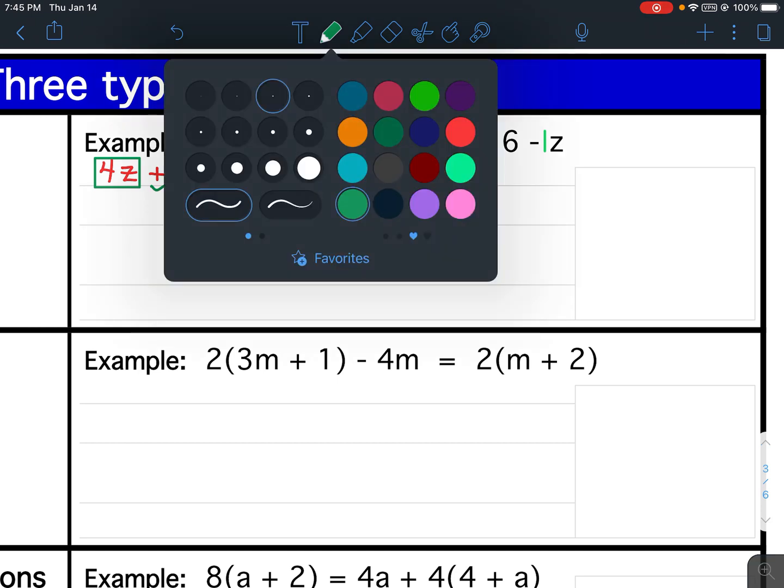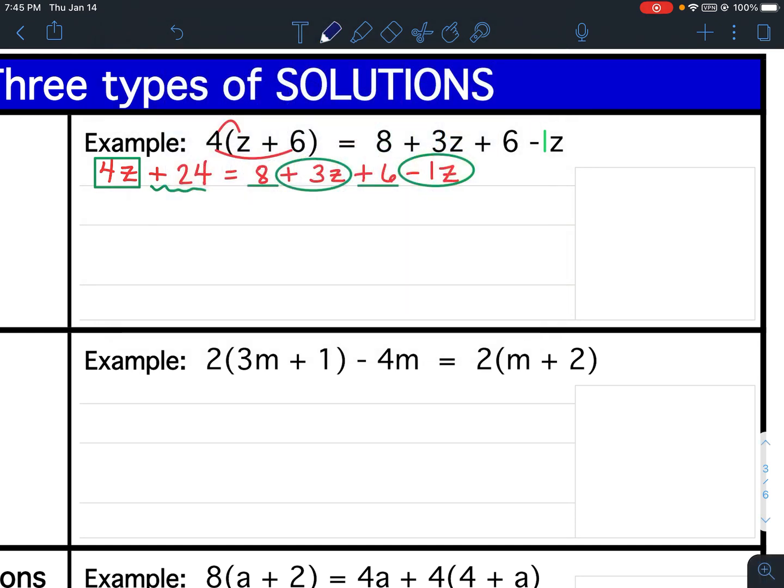So I combine like terms. I get 4z plus 24 equals 2z plus 14. Now I could really stop right there.